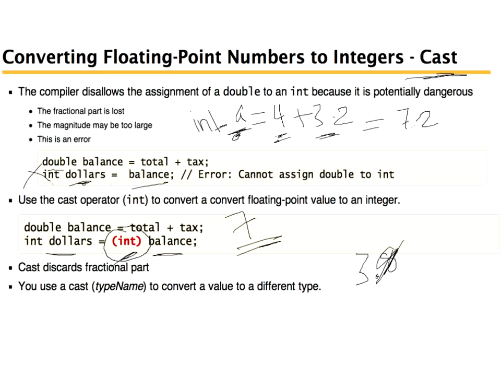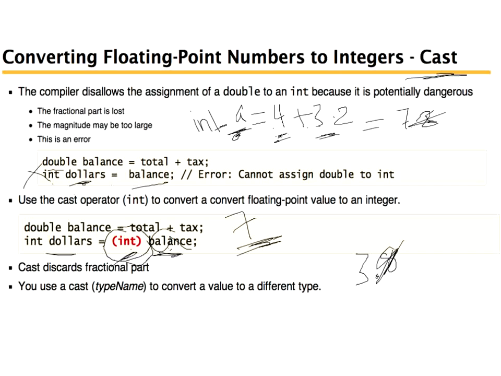You're going to have to use the syntax int before a. So you put int in between brackets before a, and the result here will be 7. It will convert the double into an integer.